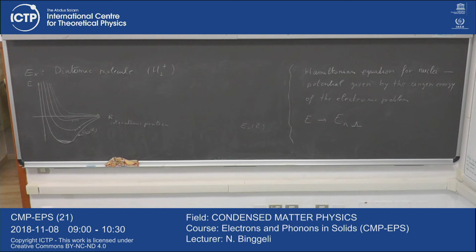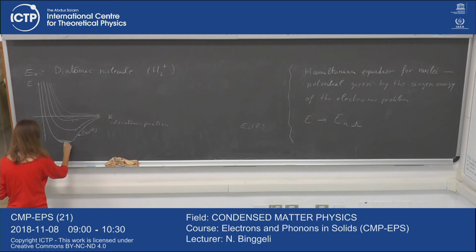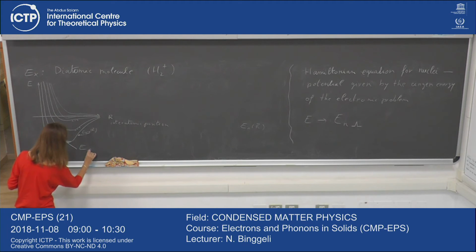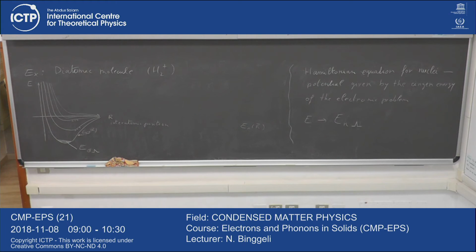And these are going to be the E of n equal to 0 for the electronic problem, and then my lambda gives me the other eigenvalue with lambda equal 0, 1, 2, and so on.